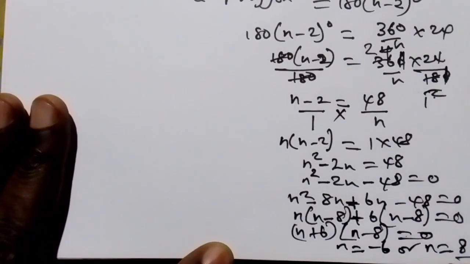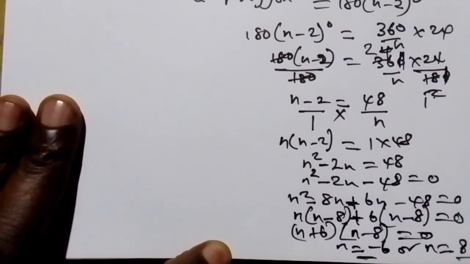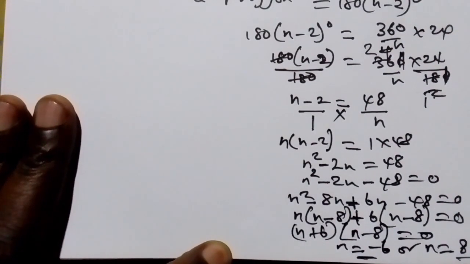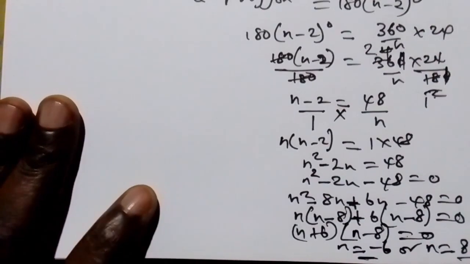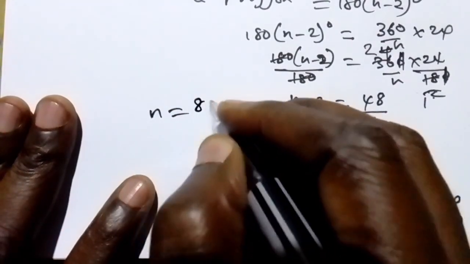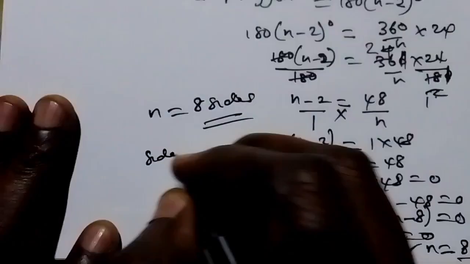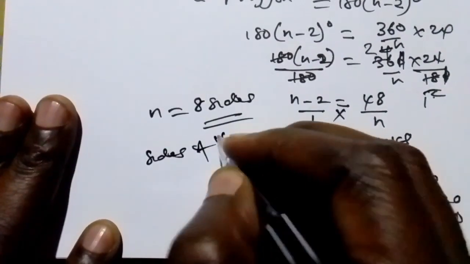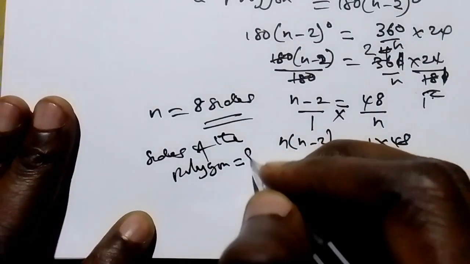And we know that the number of sides of a polygon cannot be negative. So our answer is n is equal to 8 sides.